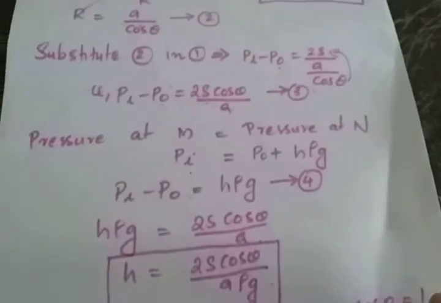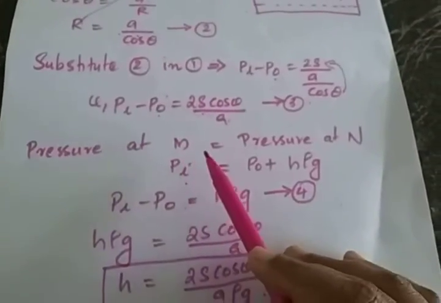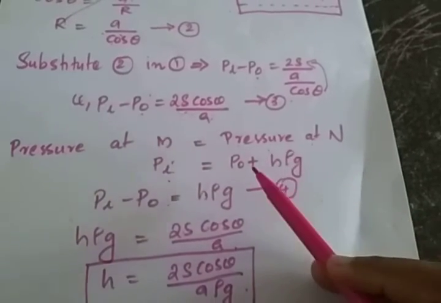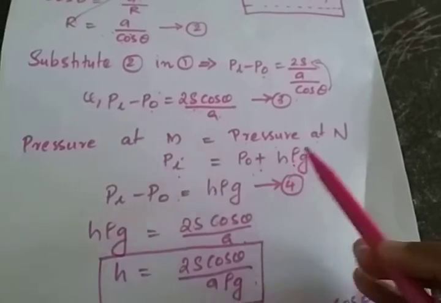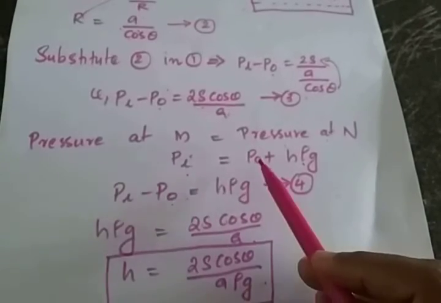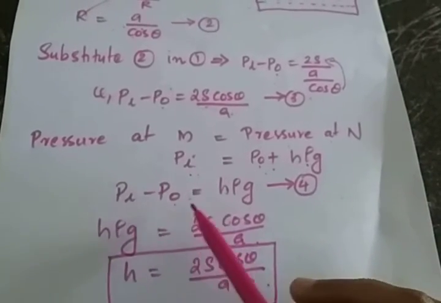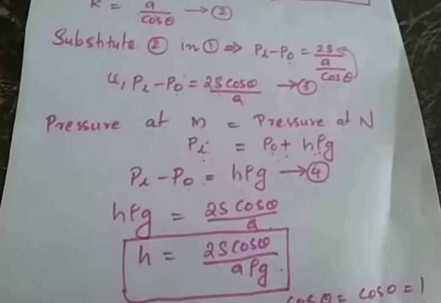So we can come back to our derivation. Pressure acting at M is Pi, pressure acting at N is Po plus h rho g. Therefore, bringing this Po to this side, Pi minus Po is equal to h rho g.